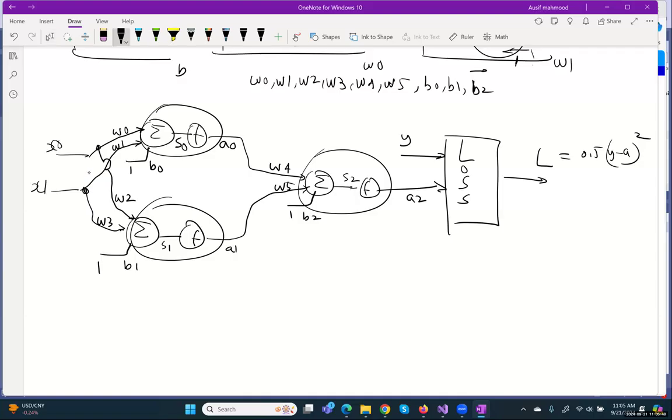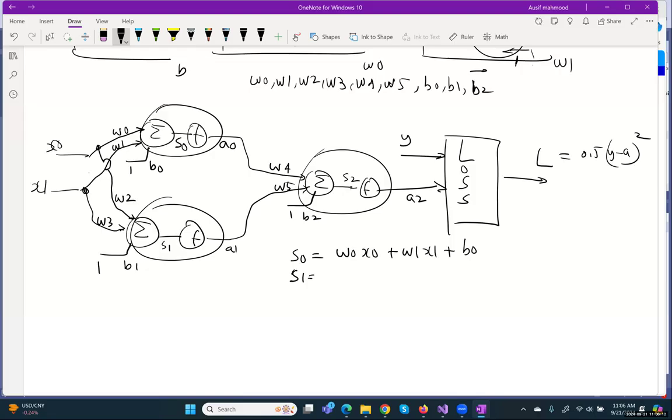In the forward pass, can you tell me what S0 will be? W0 X0 plus B0, correct? What about S1?